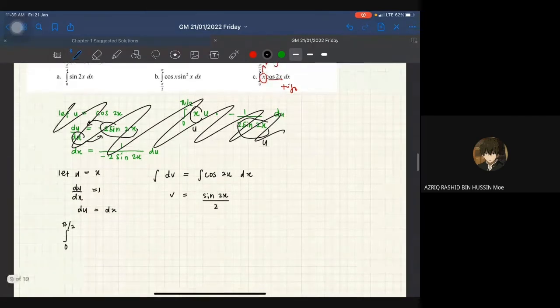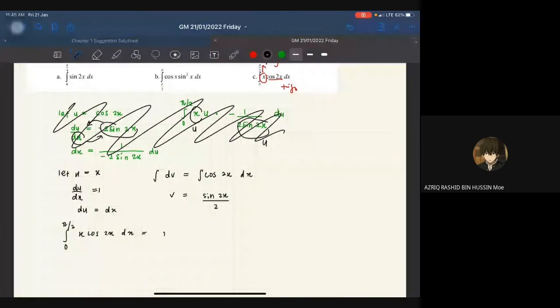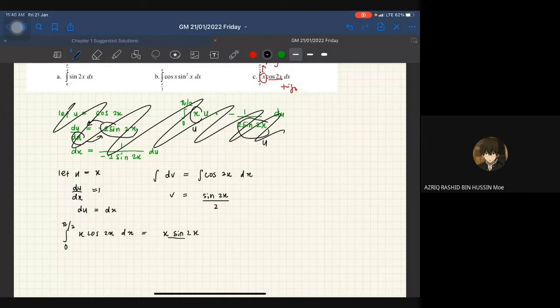And then kita ada integral x cos 2x dx is equal to, so u is x, v is sine 2x over 2.